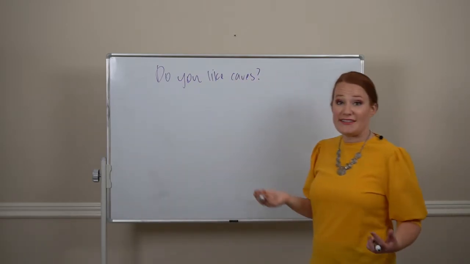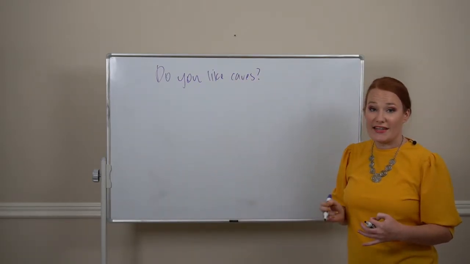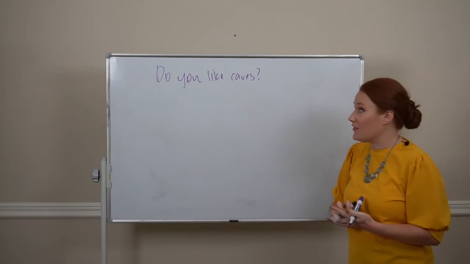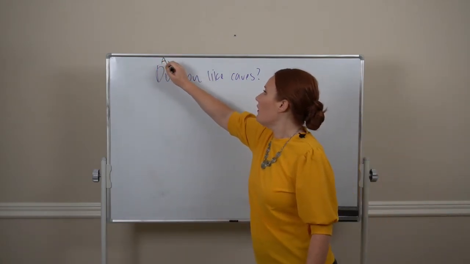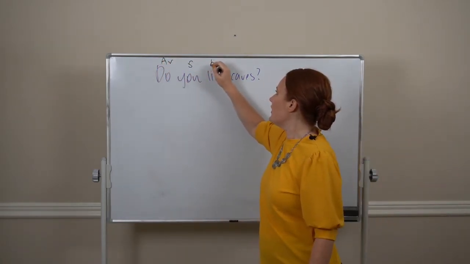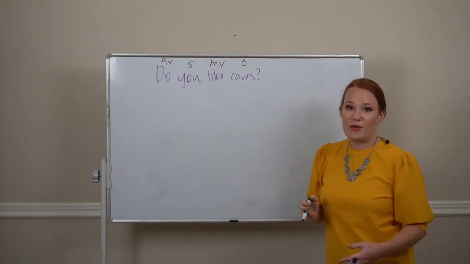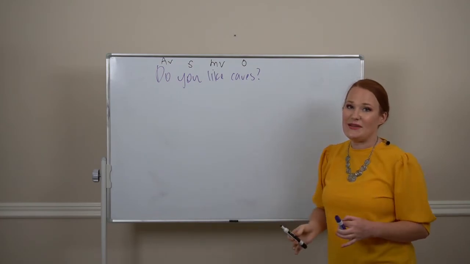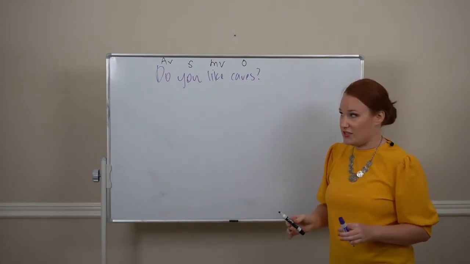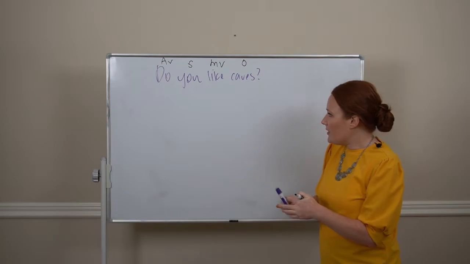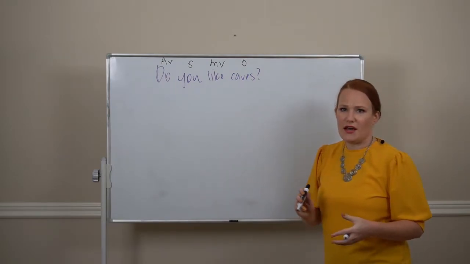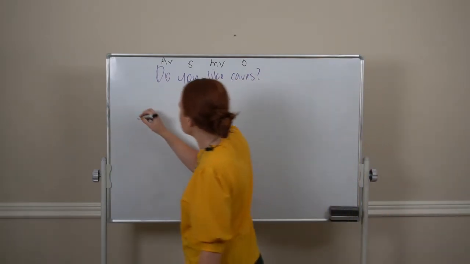This is in present simple tense, so we had to add that auxiliary verb to make the question. Auxiliary verb, subject, main verb, object, or other. But when we make a noun clause, it's a statement, not a question. So when I make my noun clause, what did I say? I want to know.